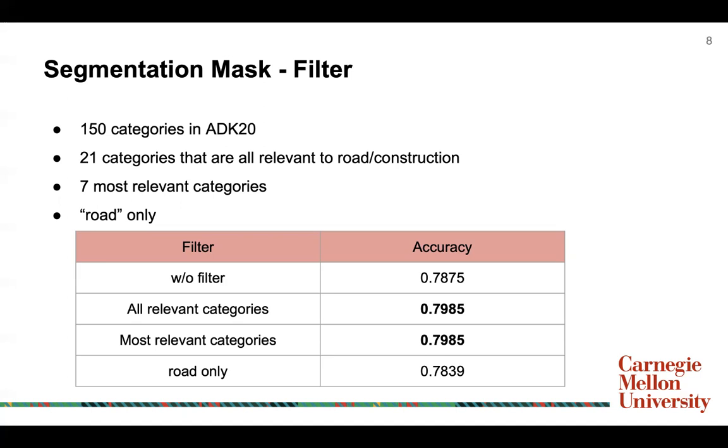Specifically, we try using all of the relevant categories, the most relevant categories, and only the road categories in the segmentation mask. We show the performance here. When we use filtering and only include the relevant categories, the performance is about 1% higher than without any filters, which means using all of the 150 categories. It suggests that the filtering method is actually working.